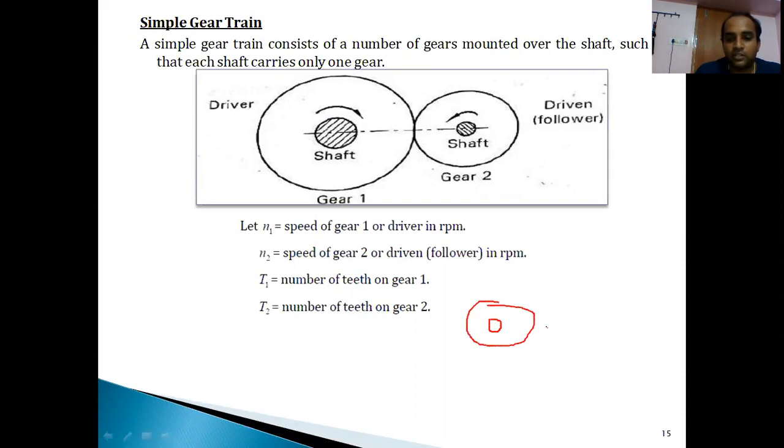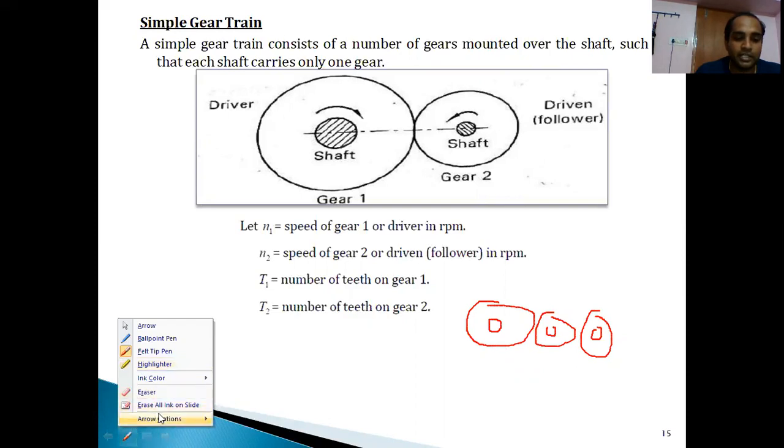This is the first shaft with the first gear, the second shaft with the second gear, similarly the third shaft with the third gear. Which means for each shaft, if there is only one gear, then it is nothing but a simple gear train.